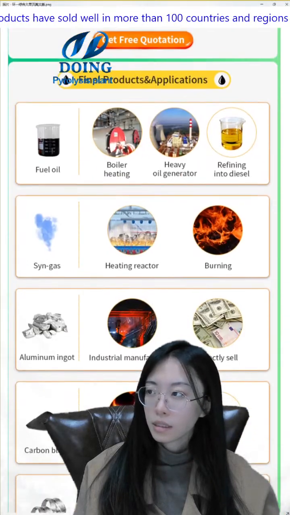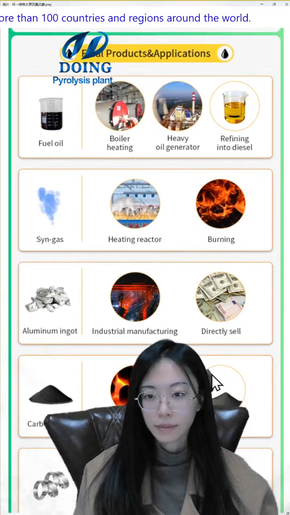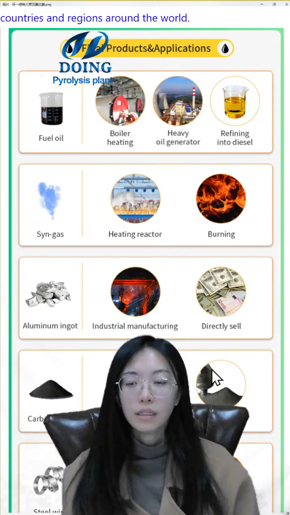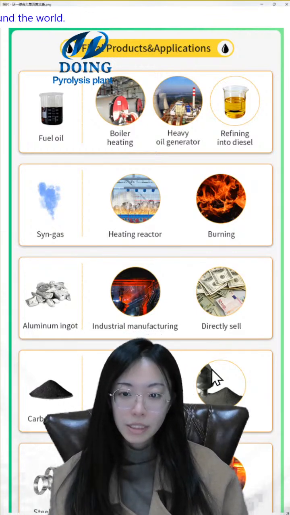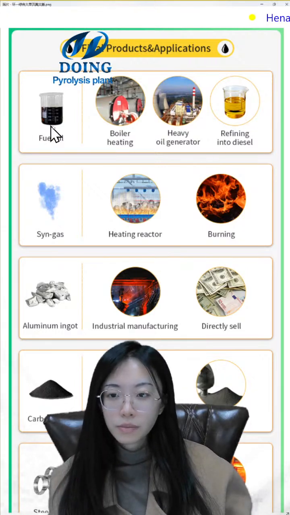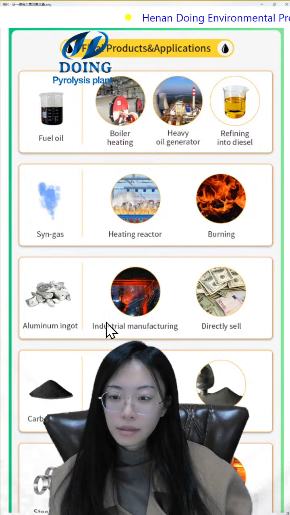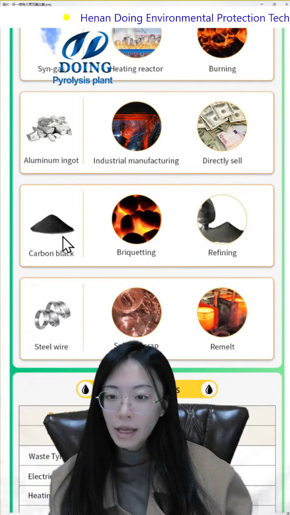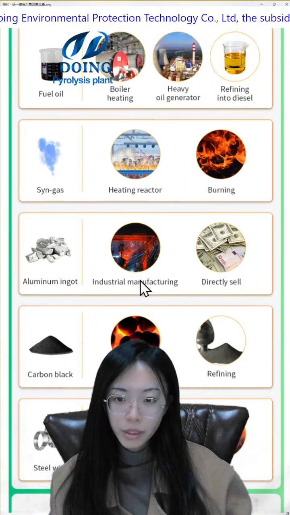And this is the final products and the application of our products. If your material is waste tire, then we can get the fuel oil, the syngas, the carbon black and the steel wire from them. These are the four products.